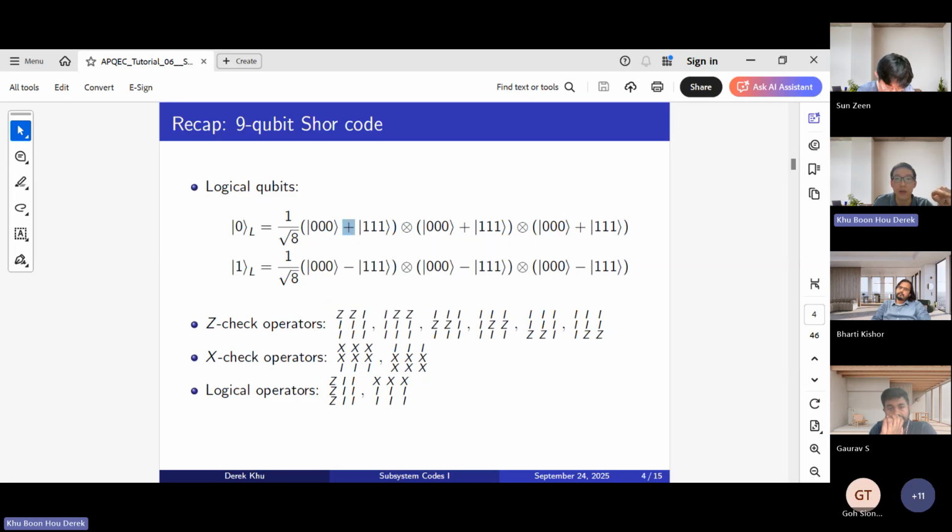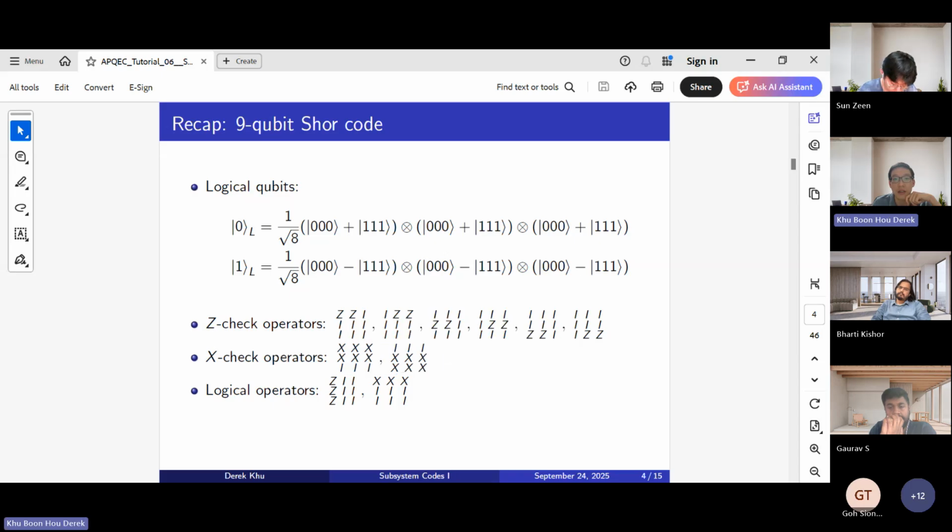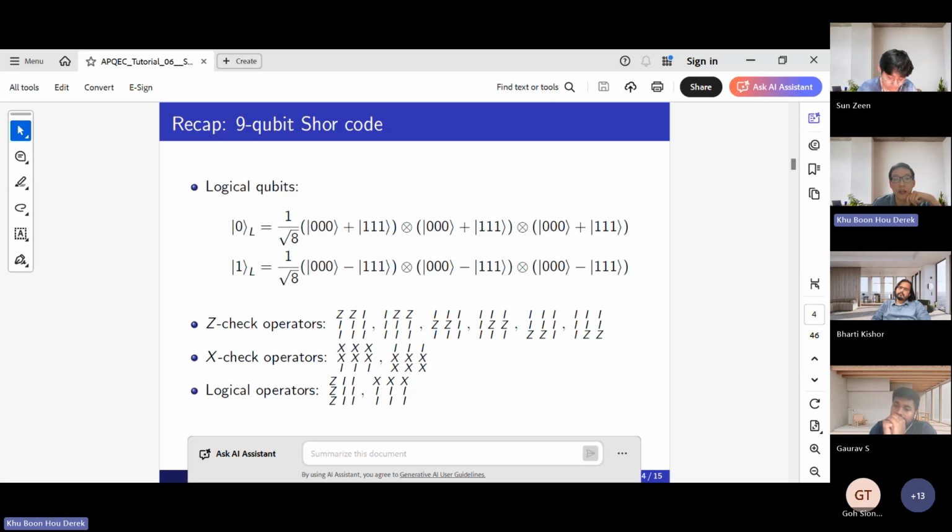It changes this to a -1, and then it doesn't change this. Let's look at this. It doesn't change the first qubit. It doesn't change this 0, but it changes this 1 to a plus, and then it doesn't change this. It changes this to a plus, and then it doesn't change this. It changes this to a plus, and so instead of a 1, you get a -1 or something like that. And then same for the X.